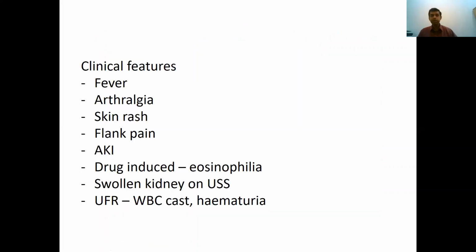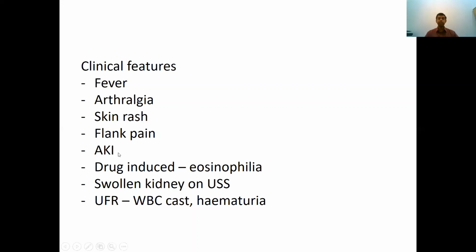Clinically, these patients present sometimes with fever, very non-specific arthralgia, skin rashes, and because these kidneys are full of inflammatory cells, the kidneys get swollen and enlarged, and you develop flank pain, loin pain because of the capsular stretch.